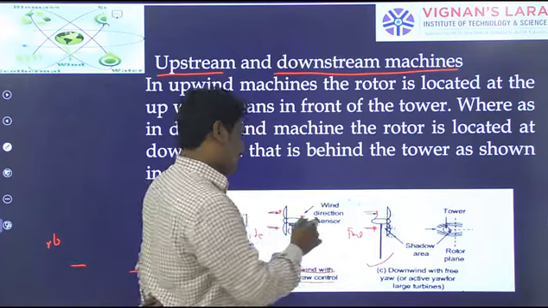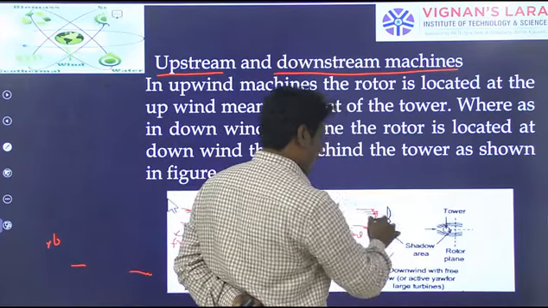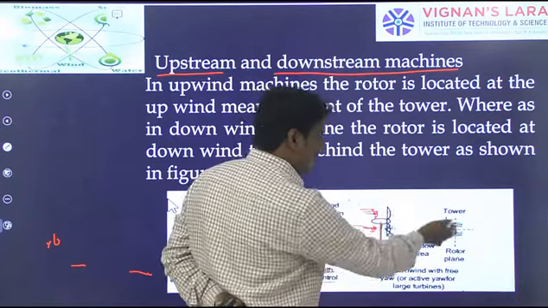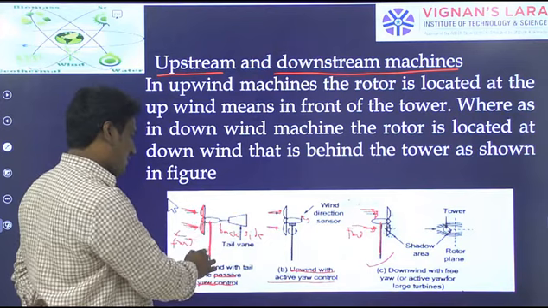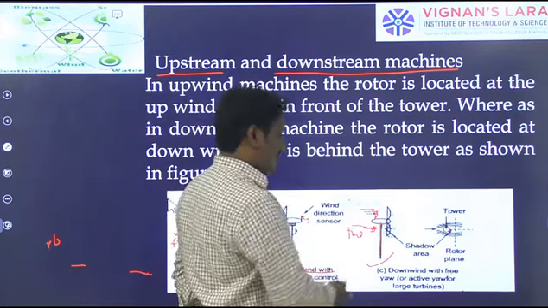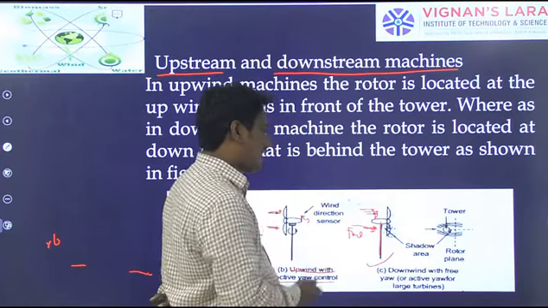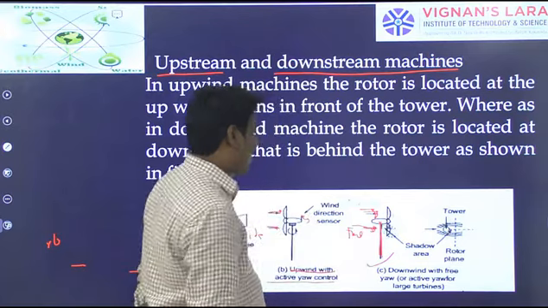If the head or nacelle is before the tower, on the front side, that is called upwind. If the head is afterwards, after the tower, that is called downwind.